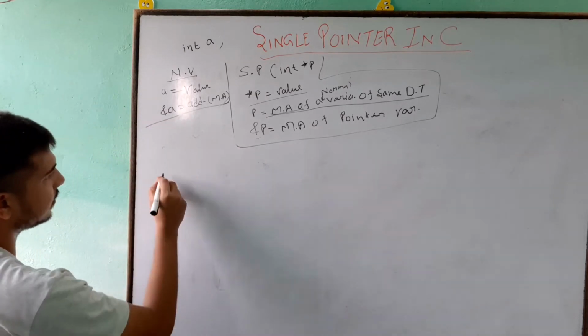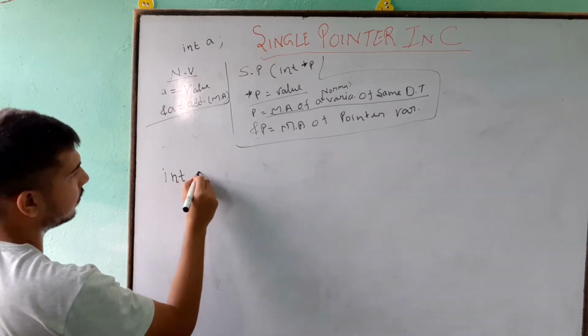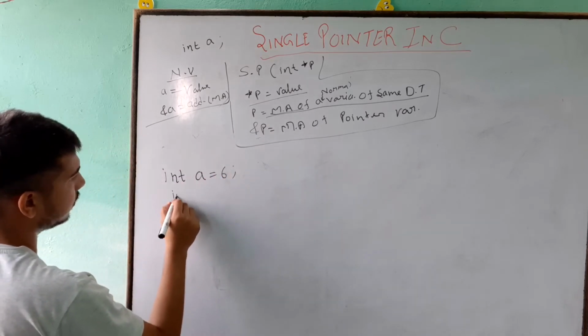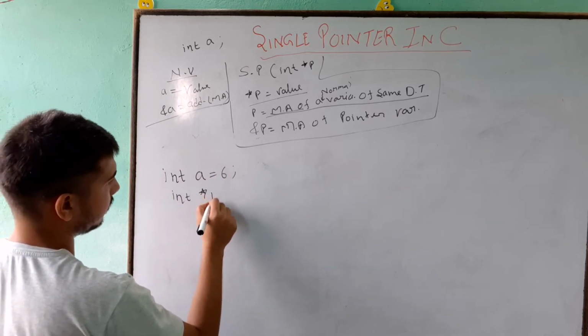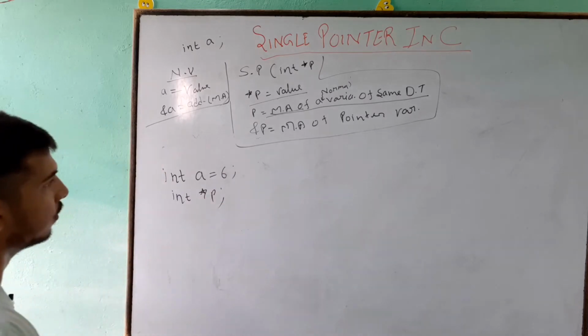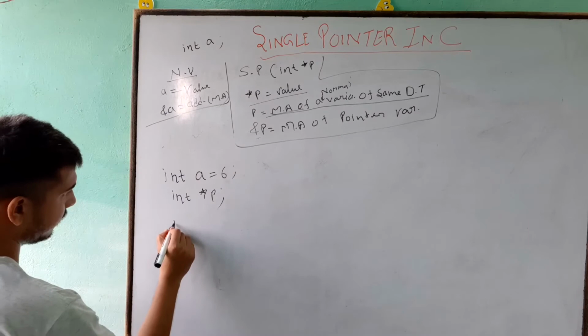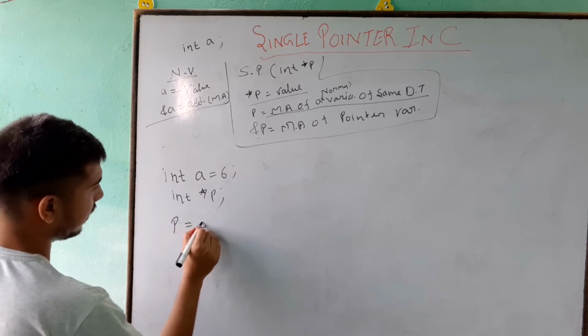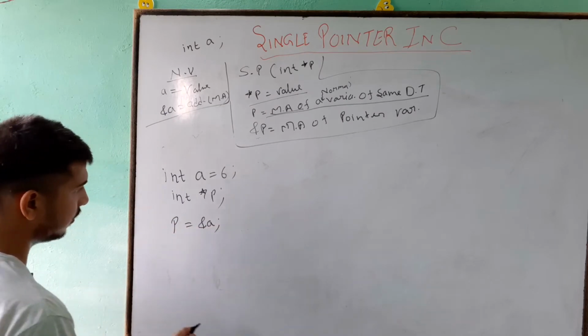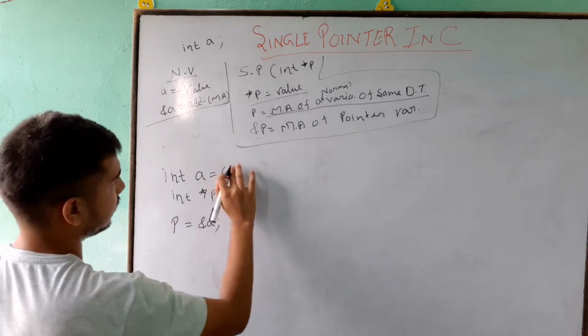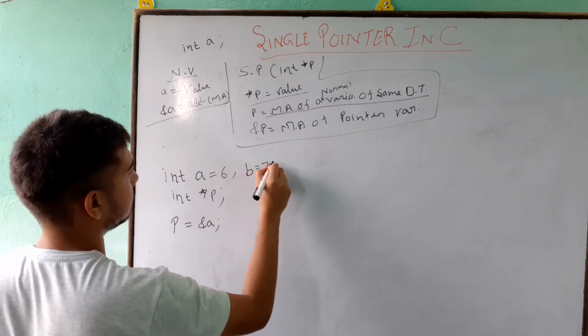Let's suppose there is a normal variable a, and I am assigning it 6, and there is also a pointer variable *p. I am assigning p equals &a. Now there is another variable b equals 7.